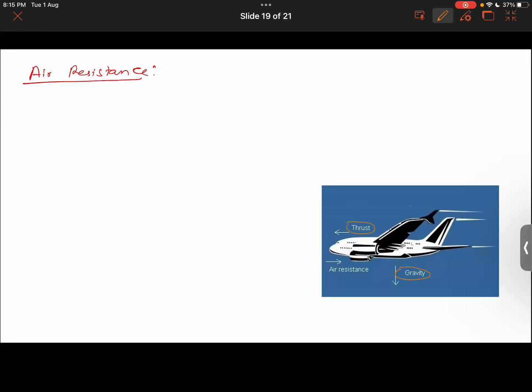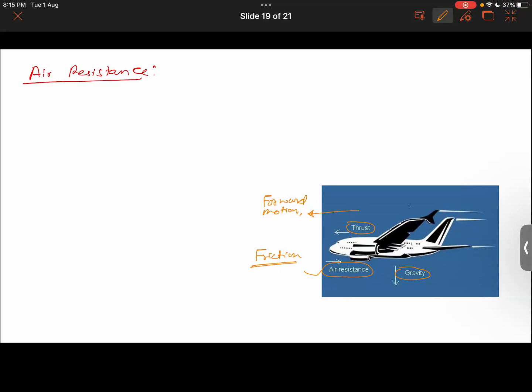Another one is the thrust, the force by which the airplane is moving in the forward direction, and then the resistance that is being offered by the air. So here also we can consider it to be an example of friction. The friction offered by the air is simply called air resistance, guys. So that is another example of a contact force.